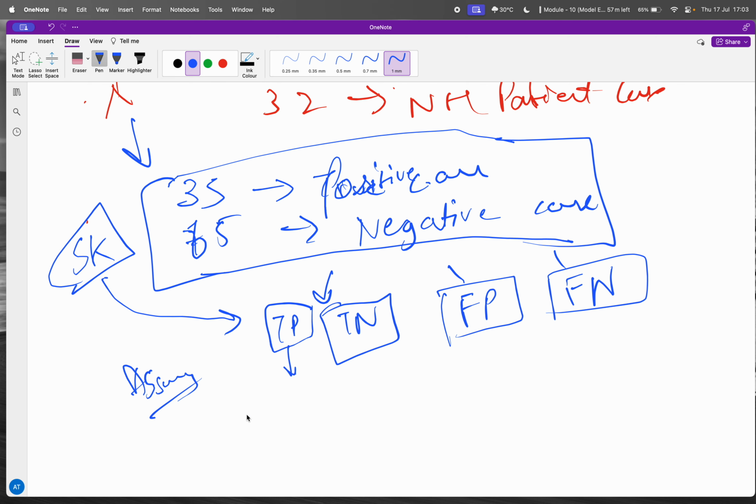Let's say true positive, they were heart patients and predicted as heart patients, is 30. True negative, actually negative and predicted negative, let's say 31. And for false positive and false negative, you can put any values that sum up to the rest, which is 14.